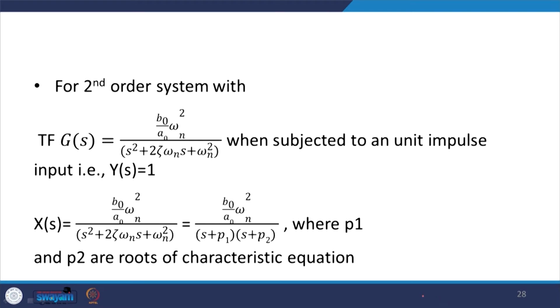For a second order system, similarly, we know the response is this one. When subjected to a unit impulse, that is Y(s) is equal to 1, I can write X(s) as this one, or I can write it in terms of the two roots, where p1 and p2 are the roots of this characteristic equation.